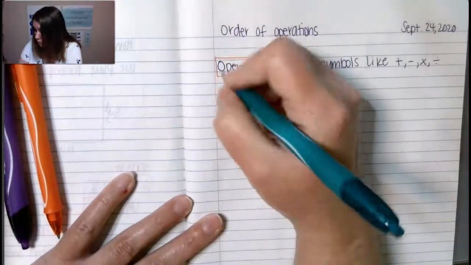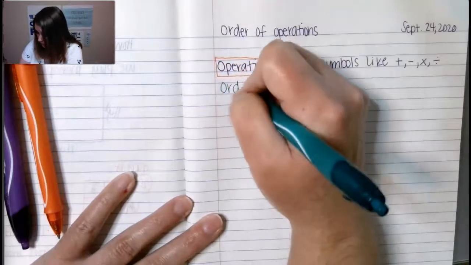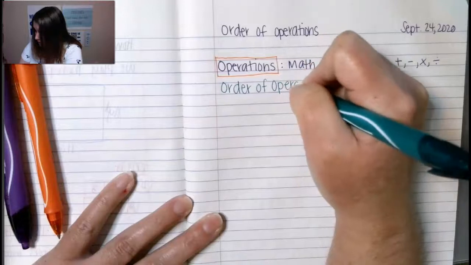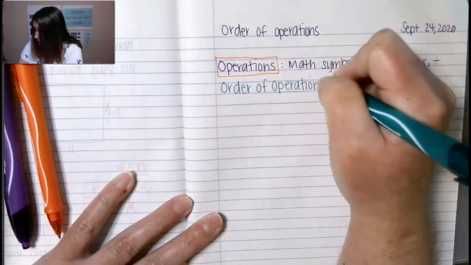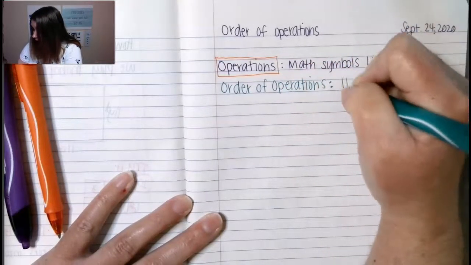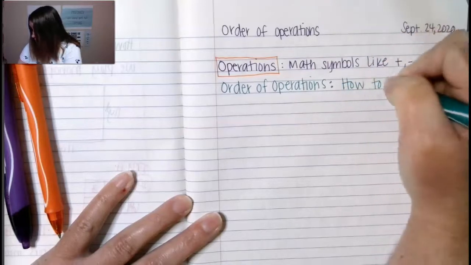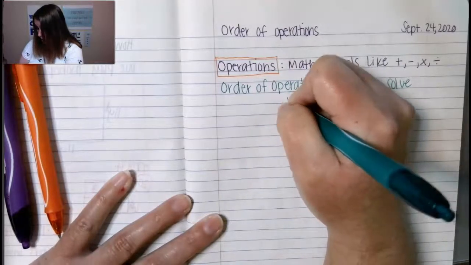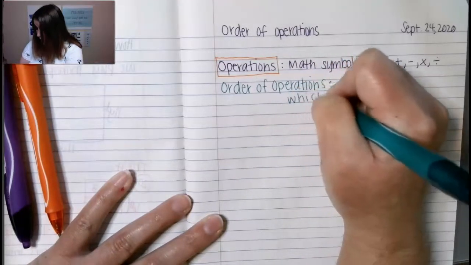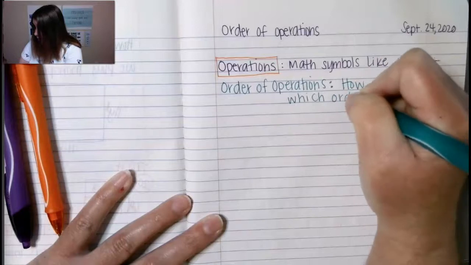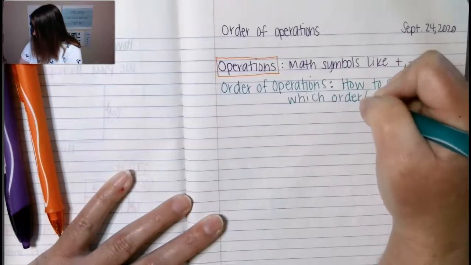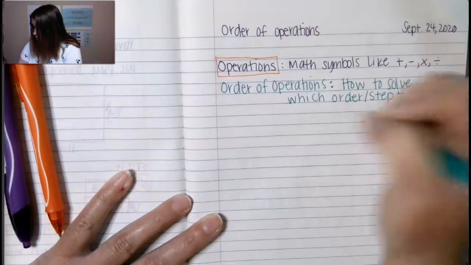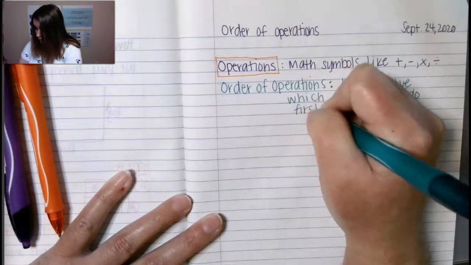Okay, so the order part, the order of operations tells us how to solve, and which order, which step to do first.